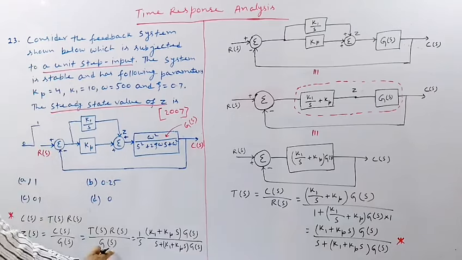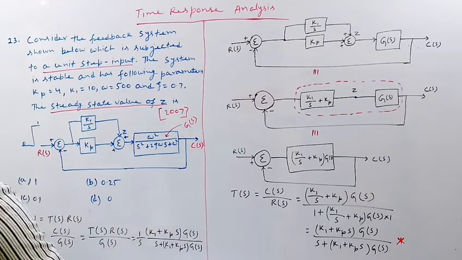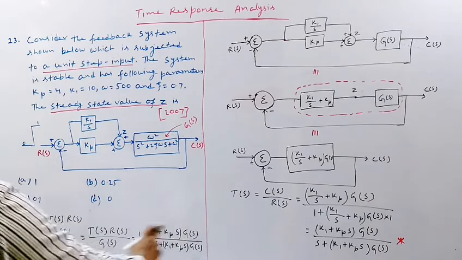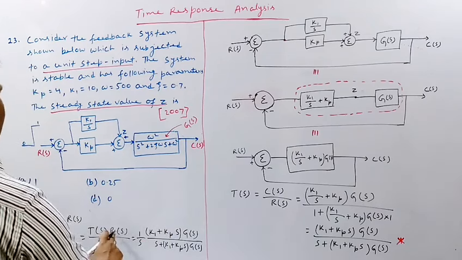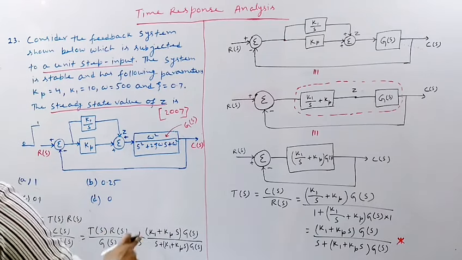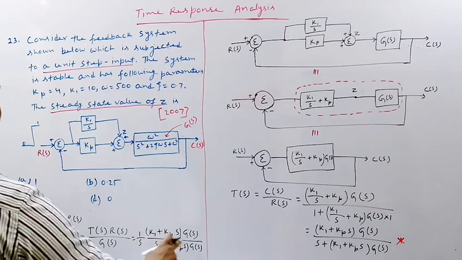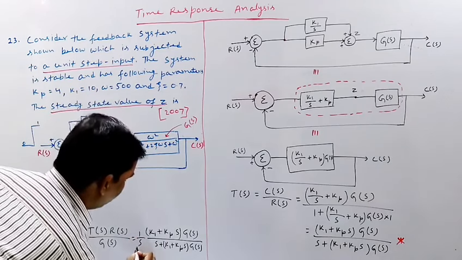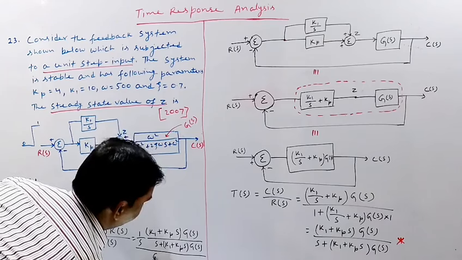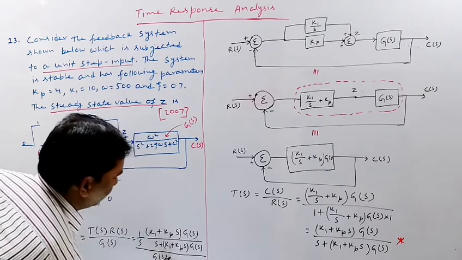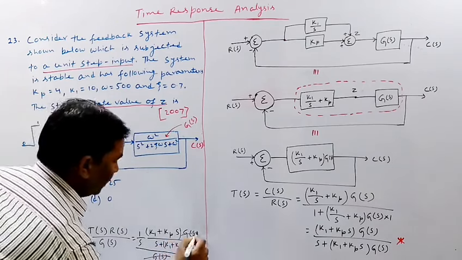This is the term TS, and RS is 1 by S. So this is the term RS multiplied by TS, and this whole term gets divided by GS. If we divide it by GS, this GS will cancel out this GS.